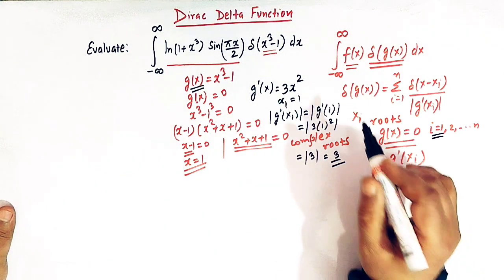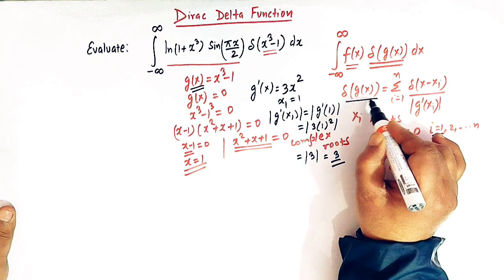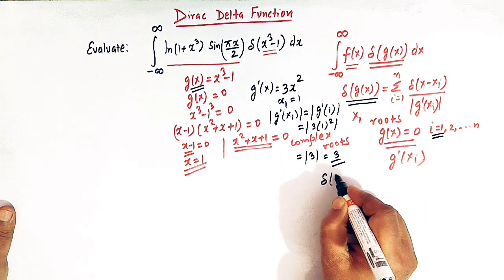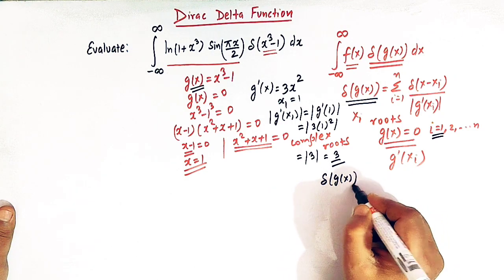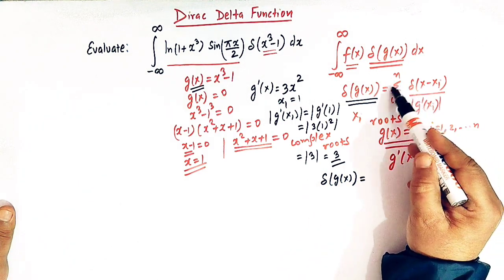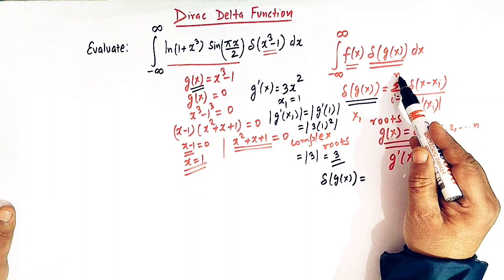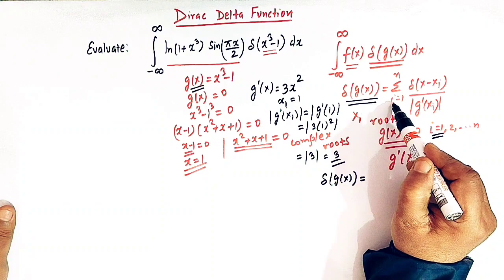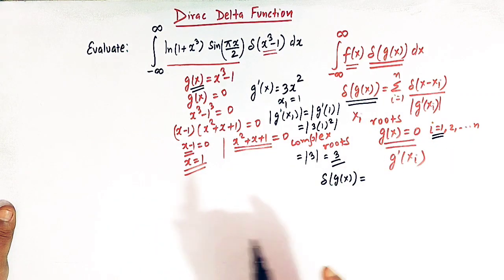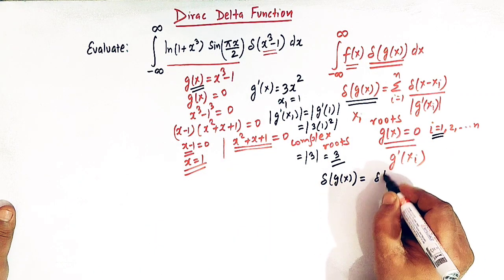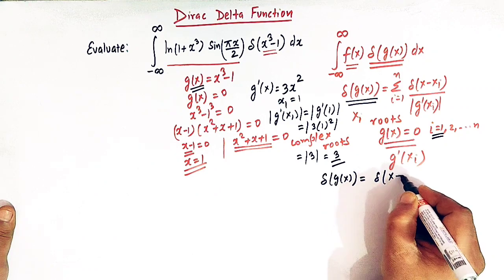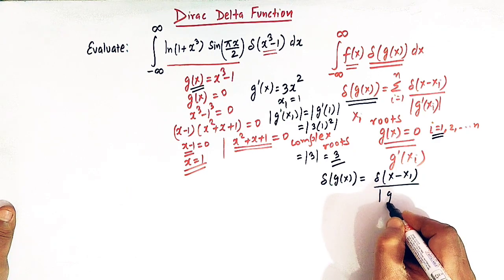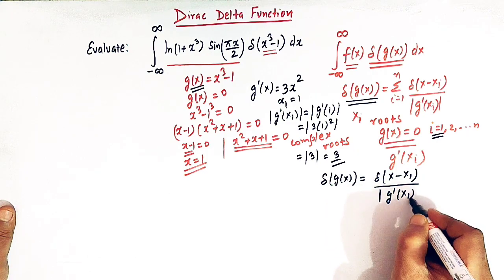Now we have to apply this property. Delta of g of x is equal to the sum from i equal to 1 to n, but here we have only one root, so i is equal to 1. So we can write delta of x minus x1 divided by mod of g prime of x1.